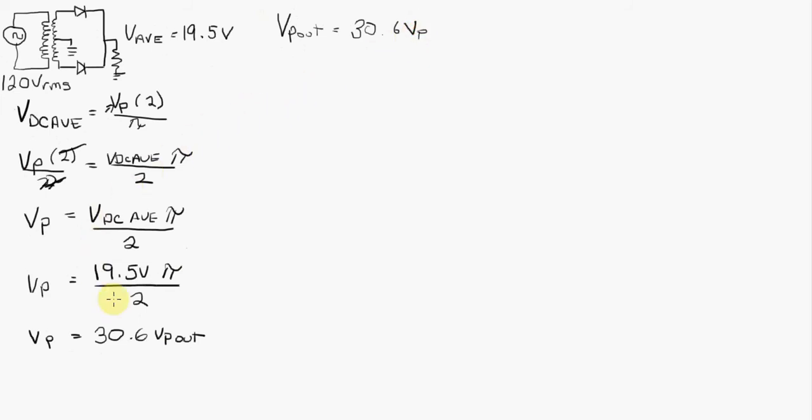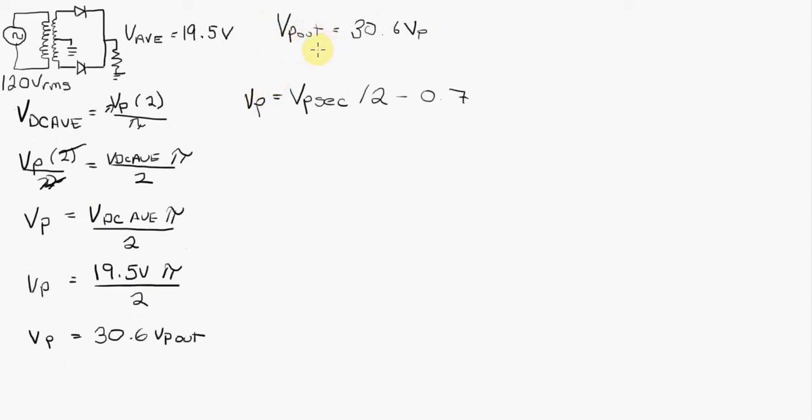The next step in this process is asking, what's the secondary voltage? If you remember before, when we were looking for V peak out, we took V peak secondary, divided it by 2, and subtracted 0.7. That's how we were finding the output voltage.